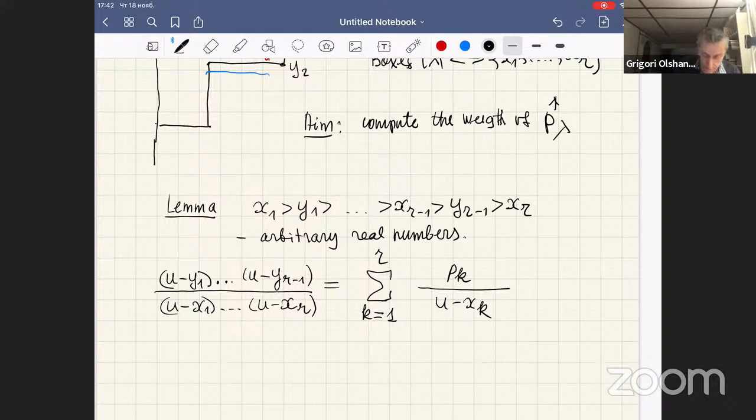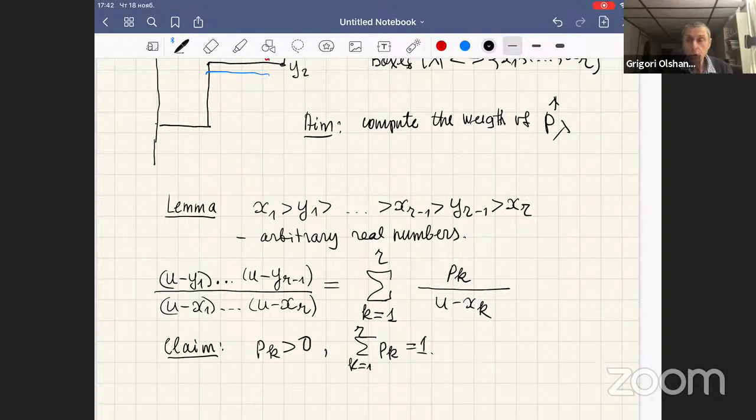And the claim is as follows. First, the p_k are strictly positive, and next their sum over k from 1 to r is equal to 1.